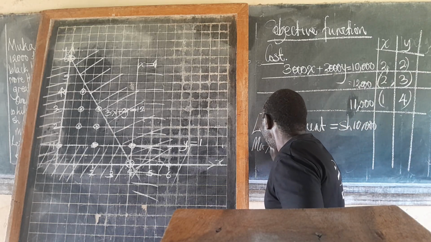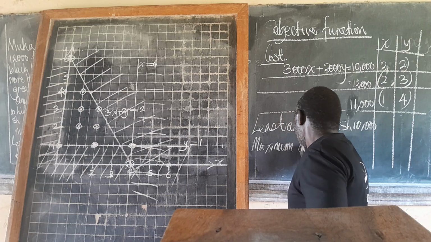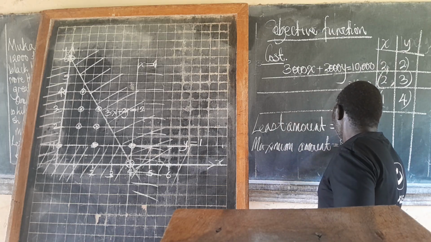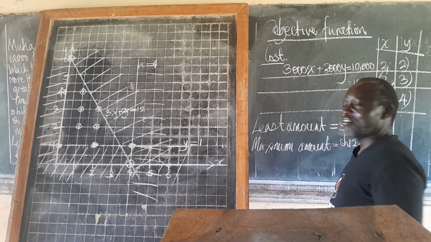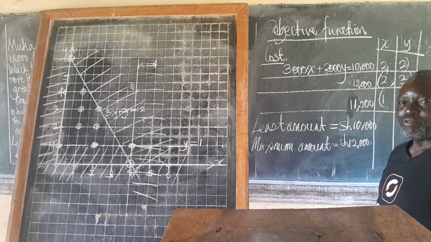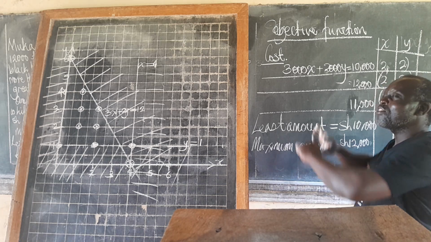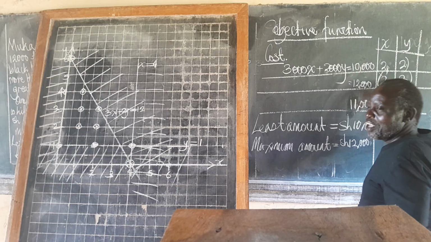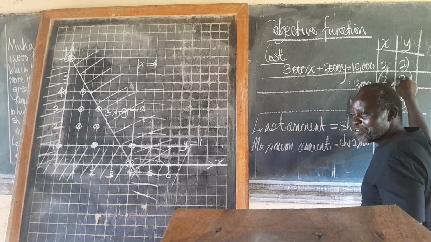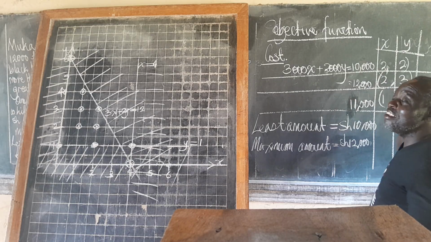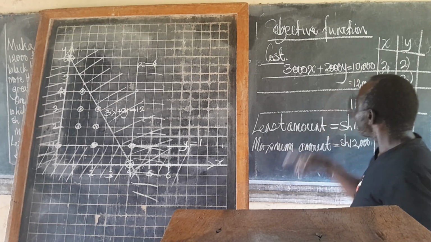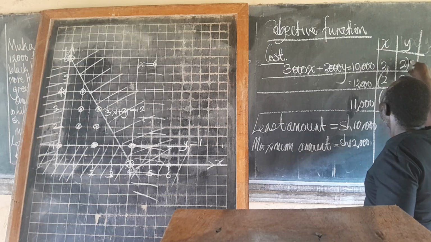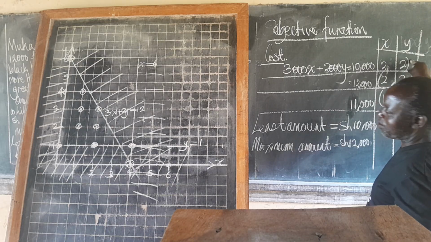Maximum amount equals 12,000 shillings. Therefore, we can use all the 12,000 shillings if we buy 2 black books and then 3 graph books, or we can use the least amount of 10,000 if we buy 2 black books and 2 graph books.